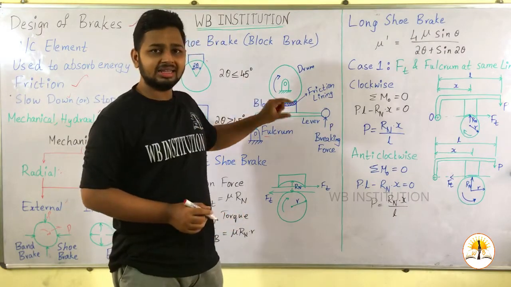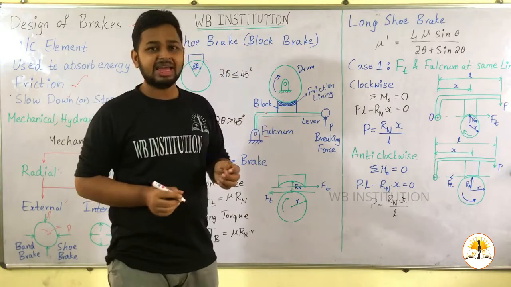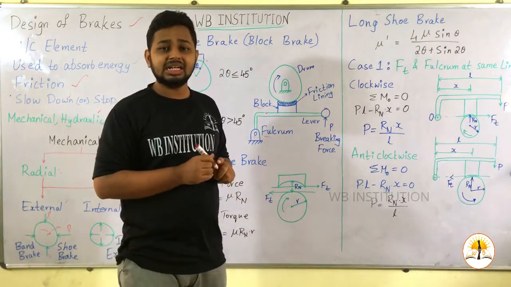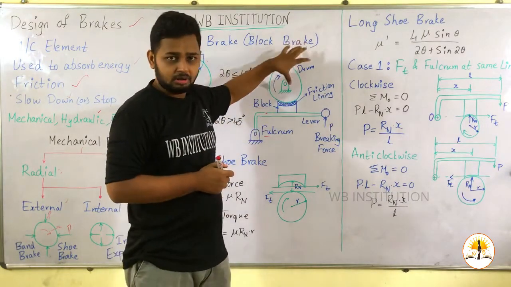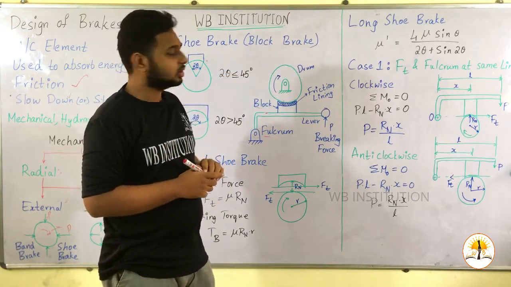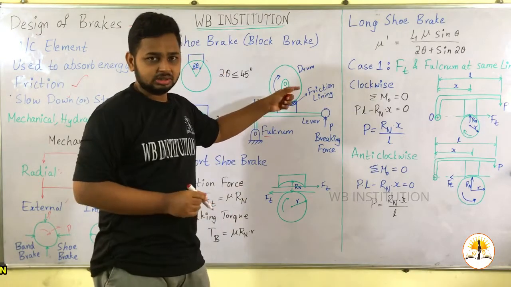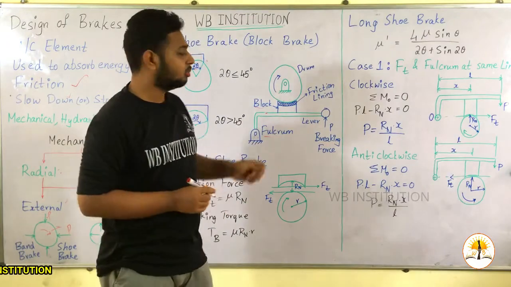At the end of this block, the contact area with the drum is given a friction lining. This friction lining will help us to reduce the movement of the rotating drum or rotating object. This is a drum which is fixed and it has only the rotating motion.